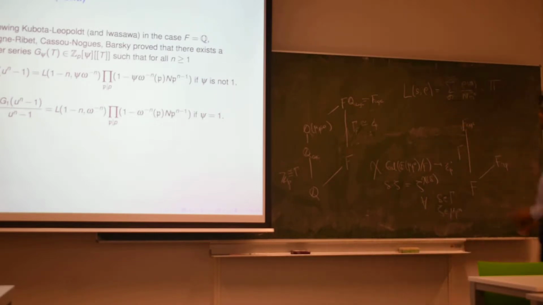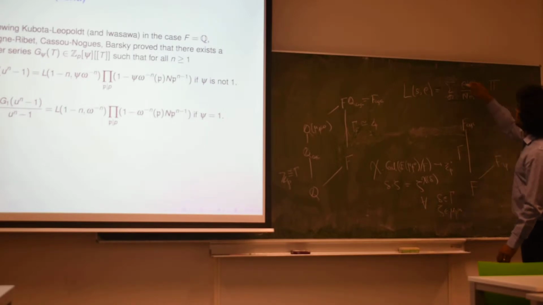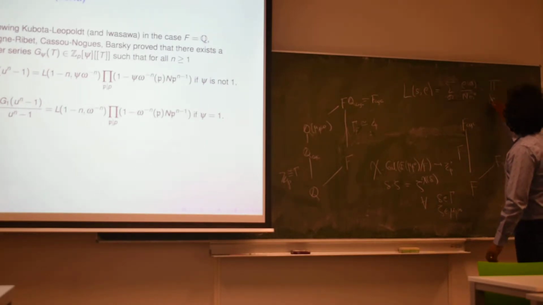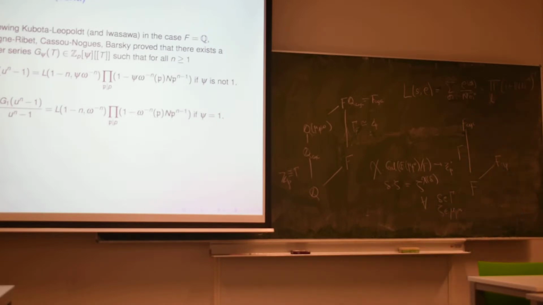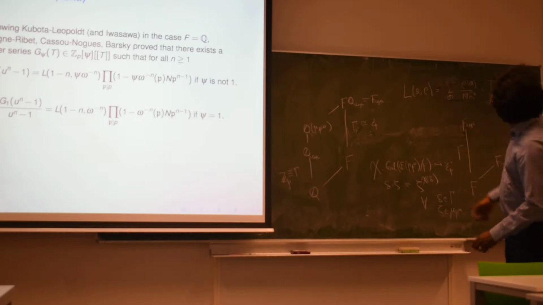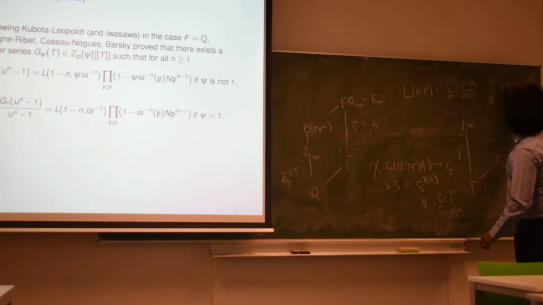So A varies over non-zero ideals of F, and then for rho of A I use class field theory to take the map from ideals to Galois group and then apply rho to it. So there is an Euler product for this, with factors 1 minus rho of L times norm of L to the minus s, inverse.